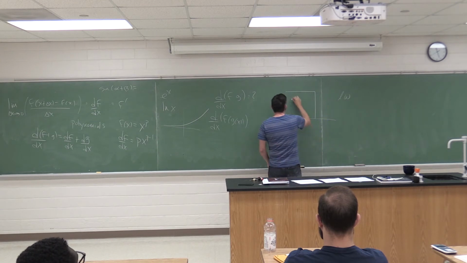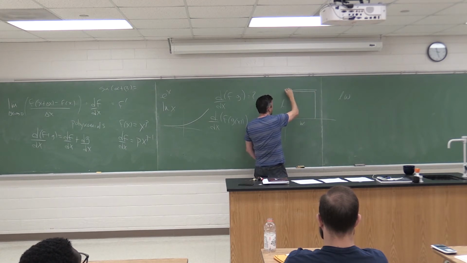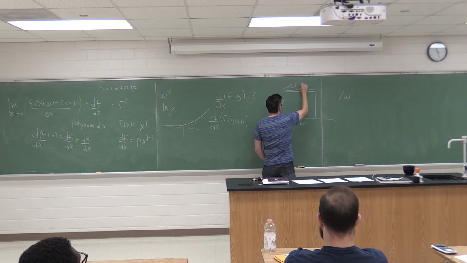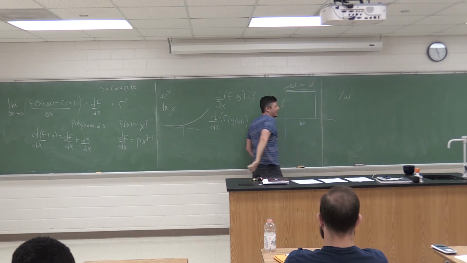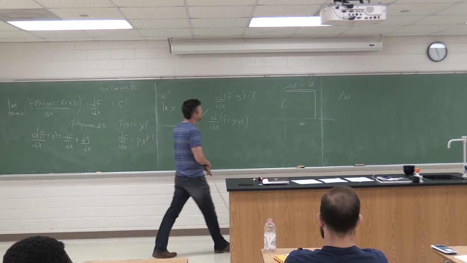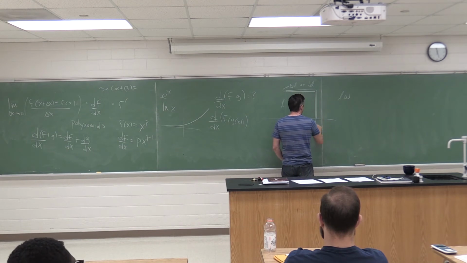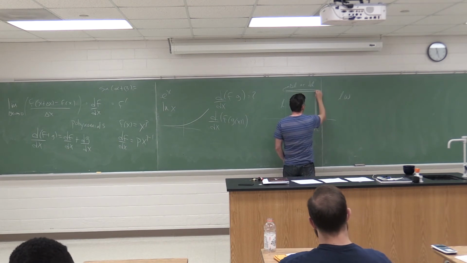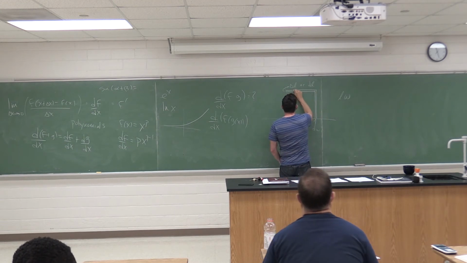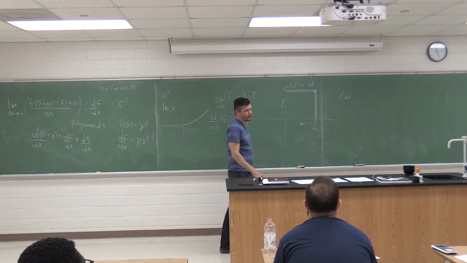So I can vary these things just a little bit, right? Get a little bit of variation in L, little delta L, or if it's really tiny, say infinitesimal, then it's a little dl. And then I can also have a little variation in the width. And so this would be how all this area changes.